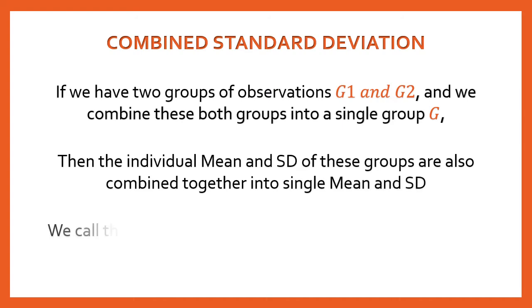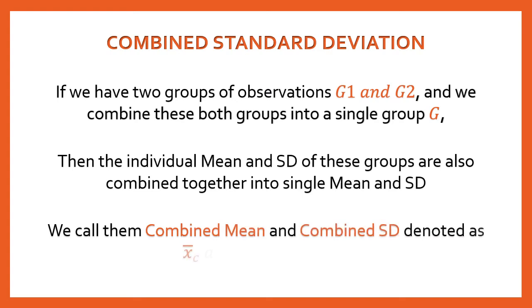We call that single mean the combined mean and single SD the combined SD. We denote that combined mean as X bar C. So similarly, we will denote the combined standard deviation as SC.